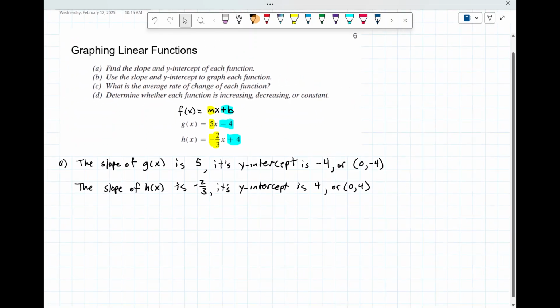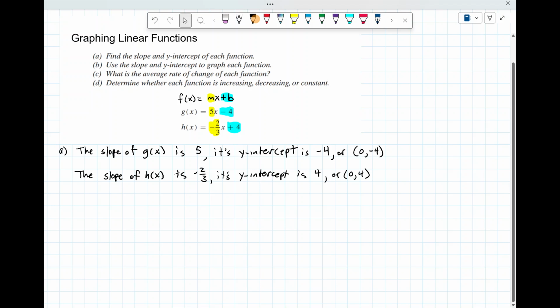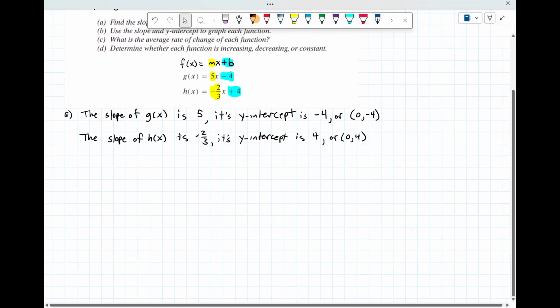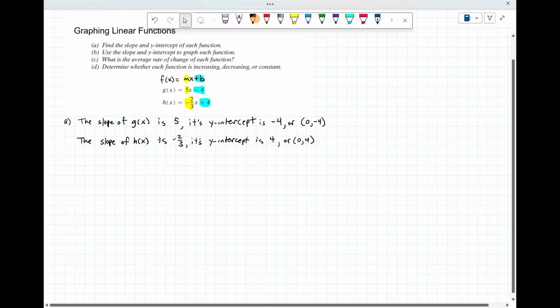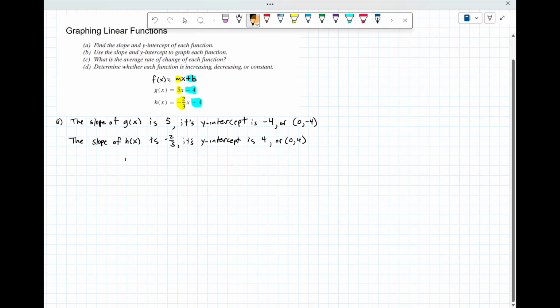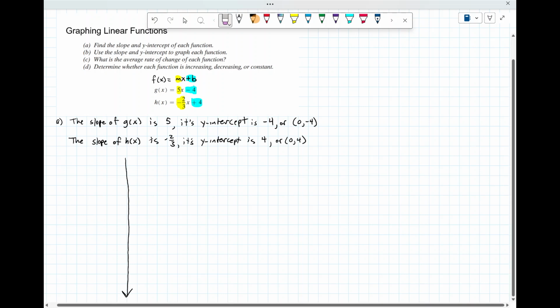Once you know the slope and y-intercept of a function, you can graph it. So I'm going to start by drawing an x and y axis. I'm going to go a little lower.